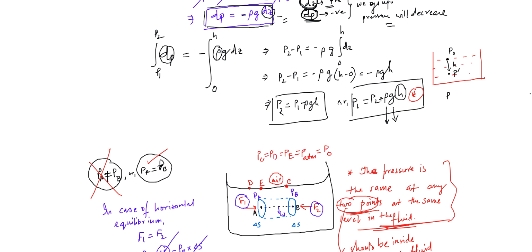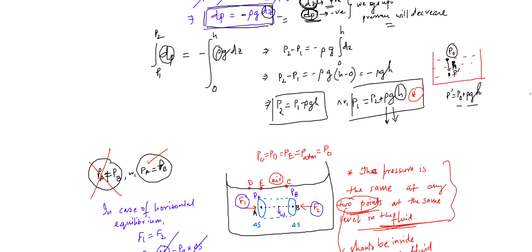P dash is equal to P0 plus rho g H. Why? Because if I go down by H, the depth increases, so the pressure increases. The change in pressure will be rho g H, and the initial pressure at the atmospheric level was P0. So at this point, the pressure will be P0 plus rho g H.